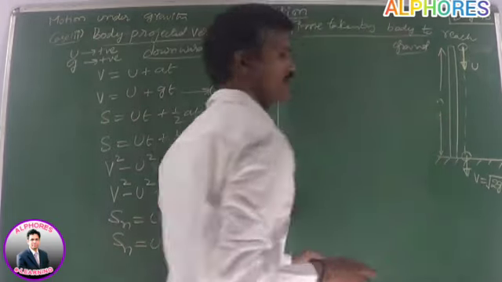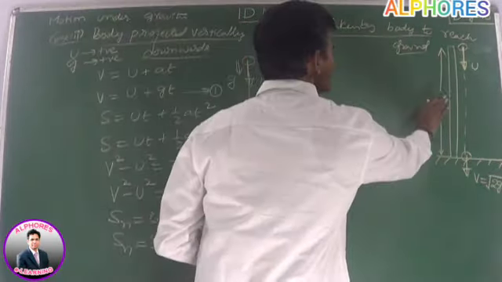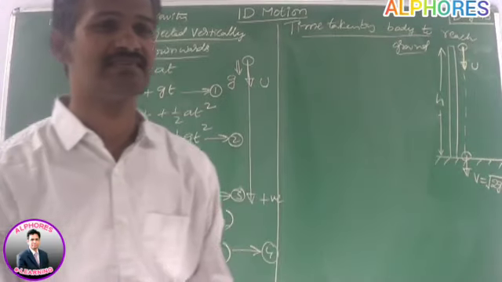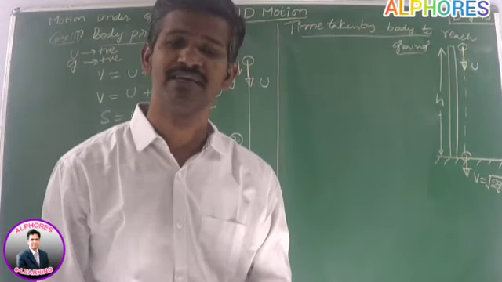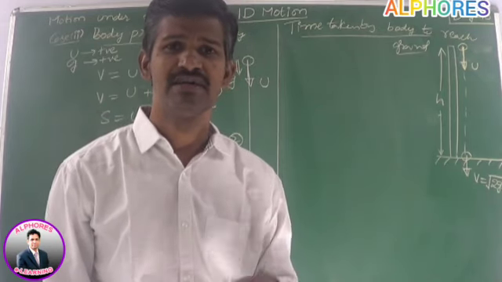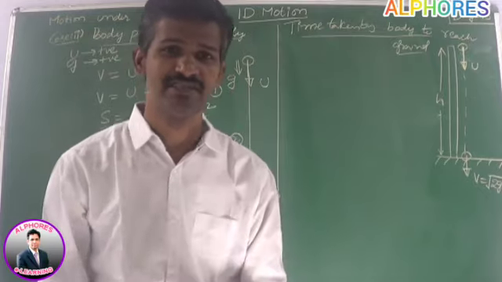Here I am projecting a body vertically downwards. If you want to calculate, you can follow the four equations: v equal to u plus gt, s is equal to ut plus half gt square, similarly v square is equal to u square plus 2gs, and Sn is equal to u plus g into n minus half. You can use those equations.